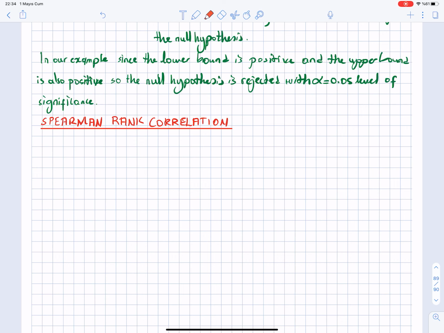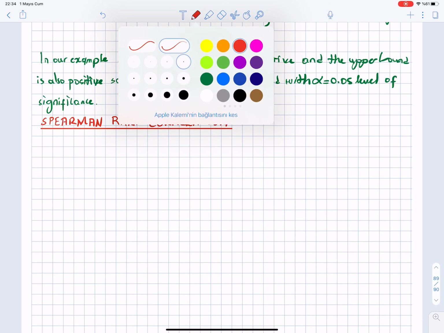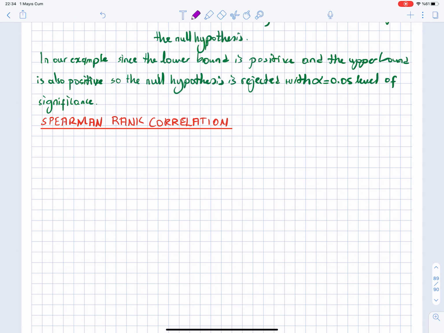The definition, you may write this for the definition for the rank correlation.